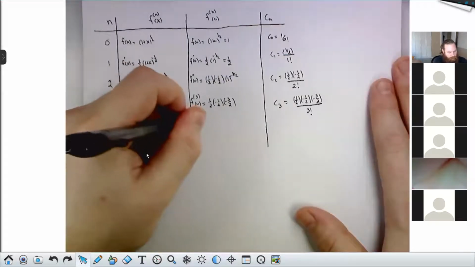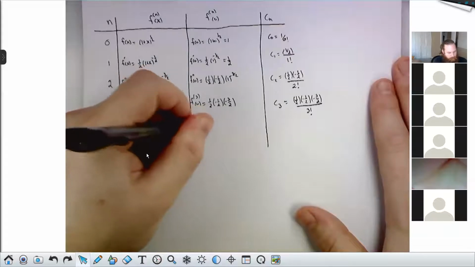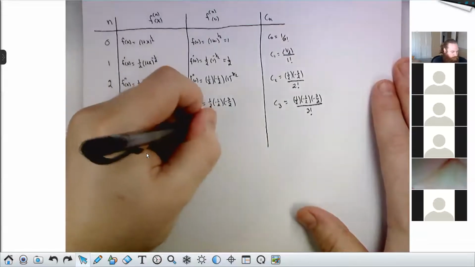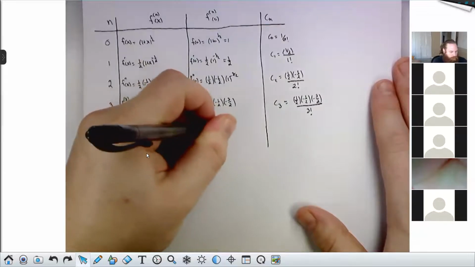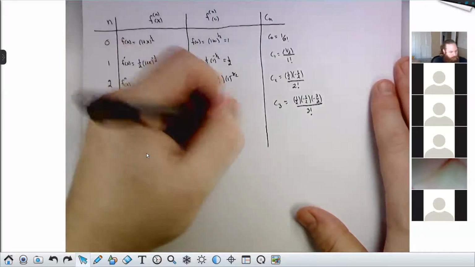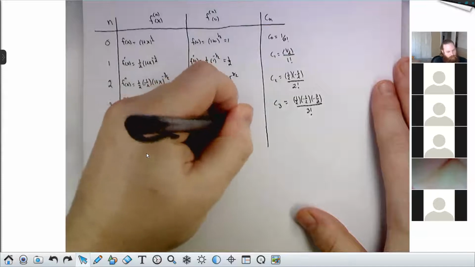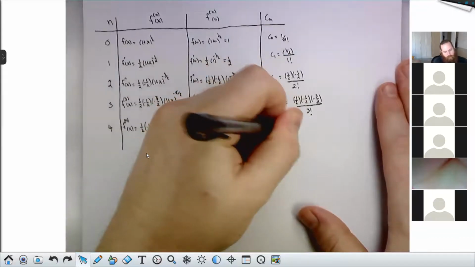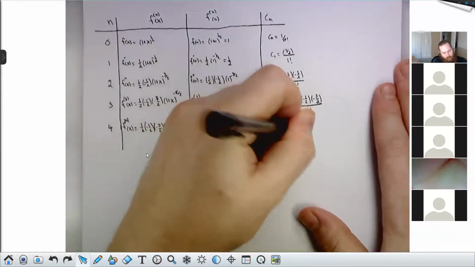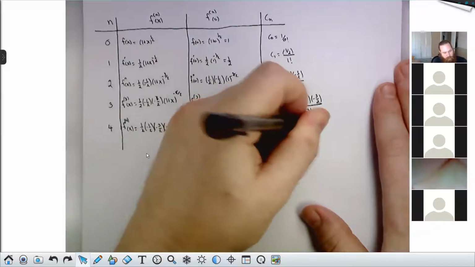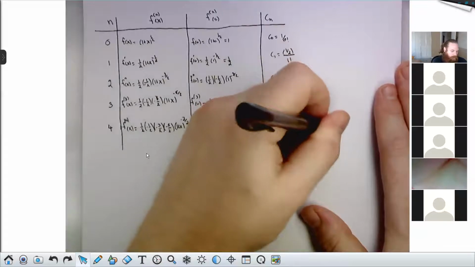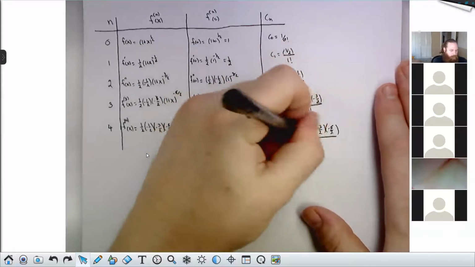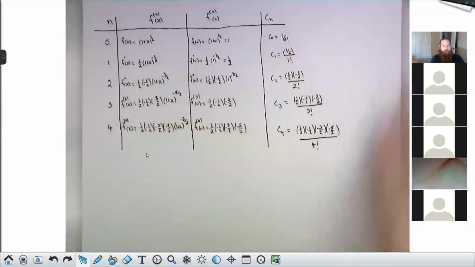So f4 of 0 is just this product of constants, 1/2, negative 1/2, negative 3 halves, negative 5 halves. And so C4 is that product of constants all divided by 4 factorial.